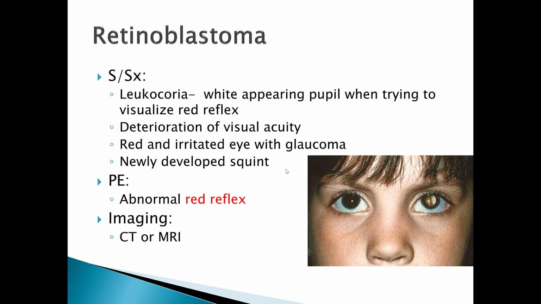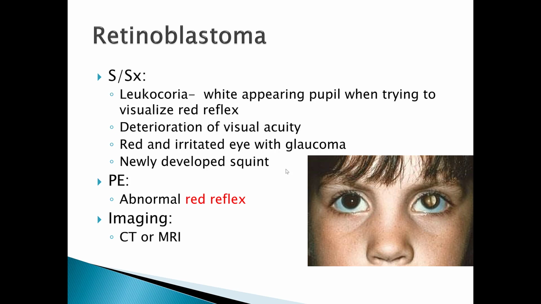So signs and symptoms, when you do a physical exam. One of the things that we do on physical exams with kiddos is you have to get a red reflex. And the problem is kids don't necessarily want to sit still so that you can get a red reflex. When you're doing a physical exam on somebody who has a retinoblastoma, instead of getting a red flashback of the retina, you're going to get a white flashback, which is called leukocoria. It's a white appearing pupil when trying to visualize a red reflex.